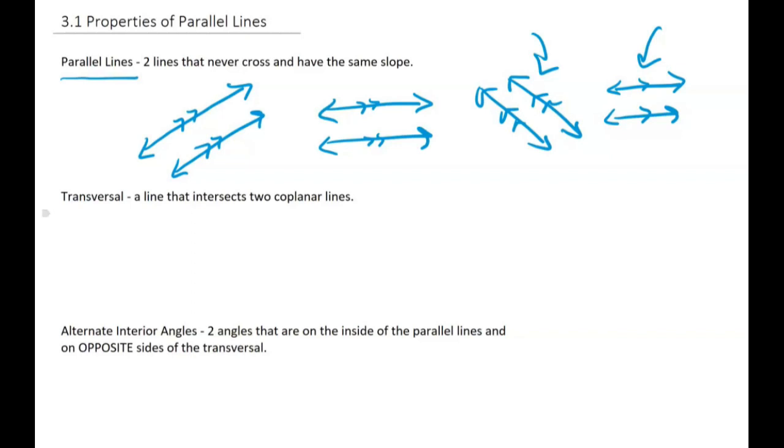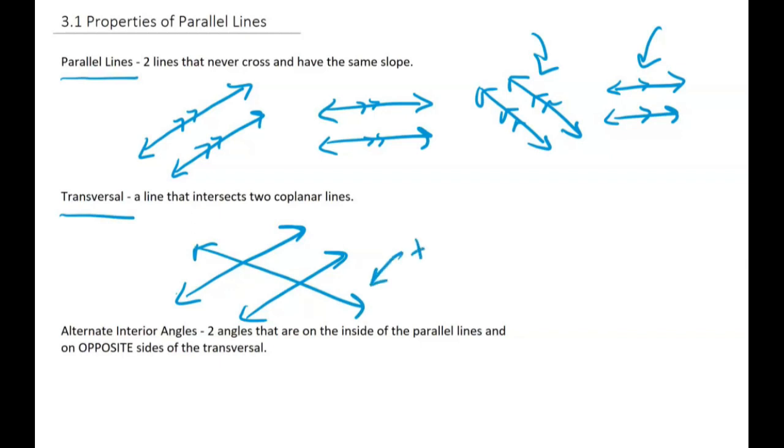Okay? All right, transversal, that's a big word, but it simply means the line that's going to cross through two coplanar lines. Now, the coplanar lines don't necessarily have to be parallel. So this is the transversal.